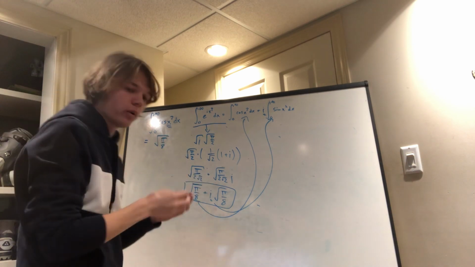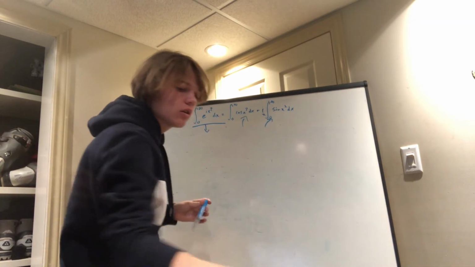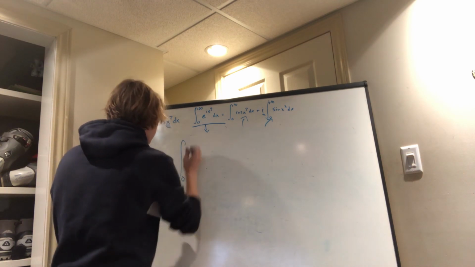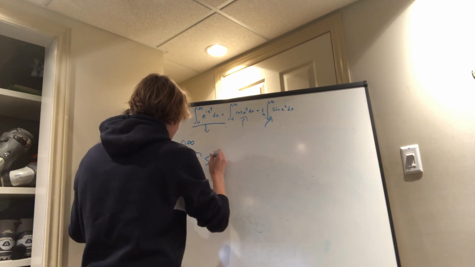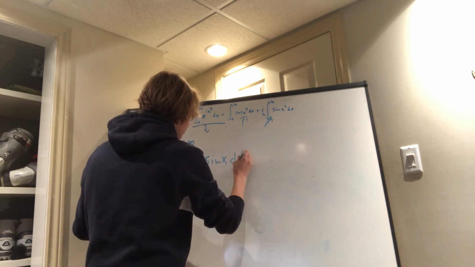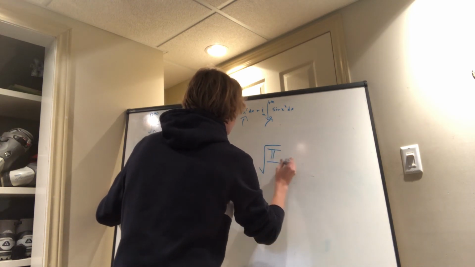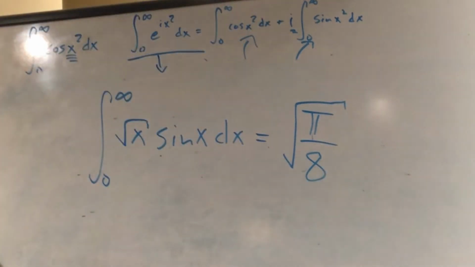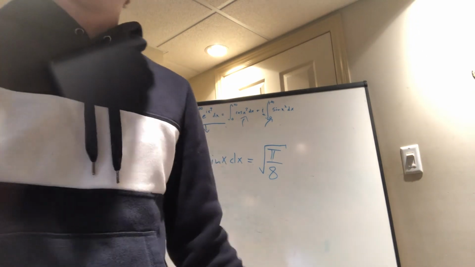Or, in other words, our original integral, the integral from 0 to infinity, square root x sine x dx equals the square root of pi over 8. Isn't that just so nice? Beautiful. It's wonderful. And that, my boys, is a good place to stop.